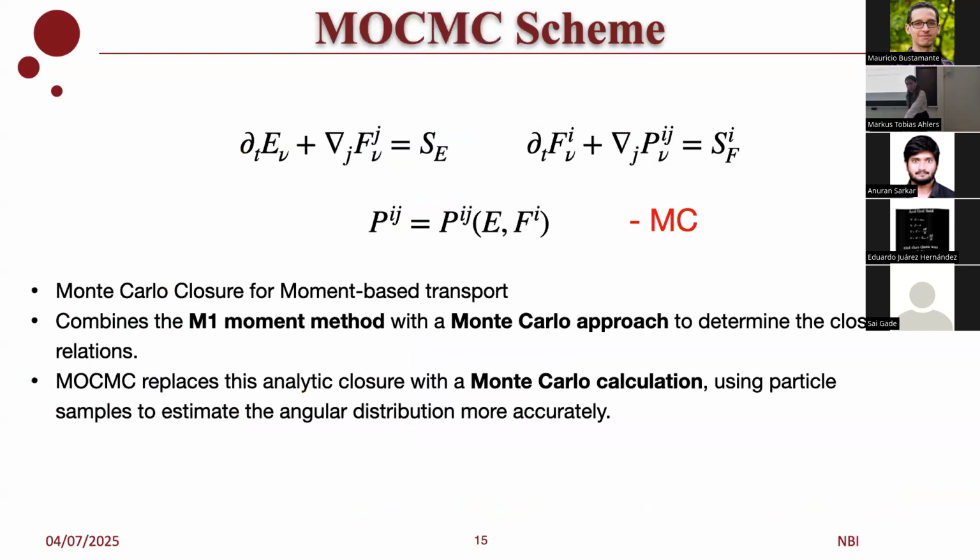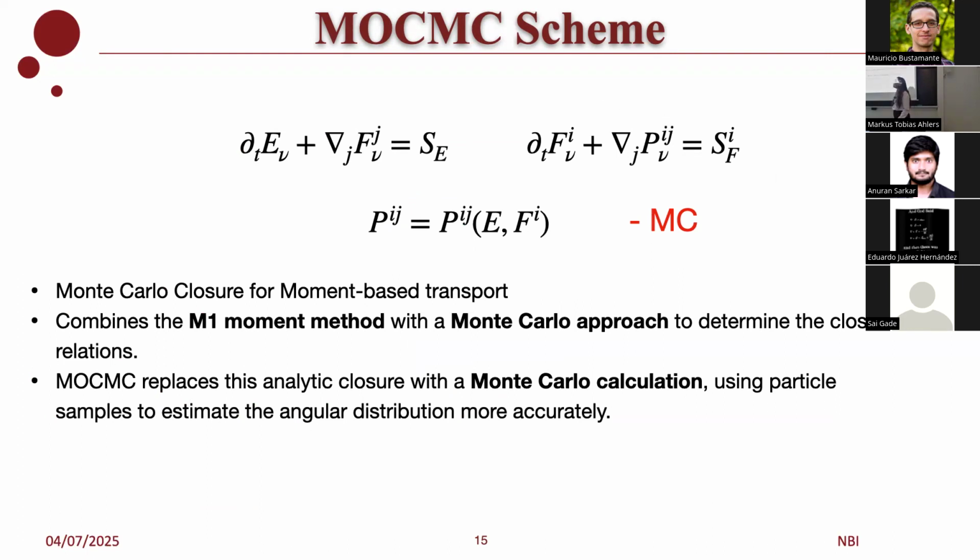Okay, so the next scheme that I would like to discuss is some kind of combination of the moments method and the Monte Carlo approach. It's called the method of characteristics Monte Carlo scheme. In this, basically, what you do is very similar to the M1 moment scheme that I described. You still solve the moments equations.